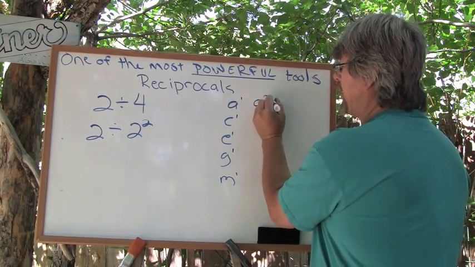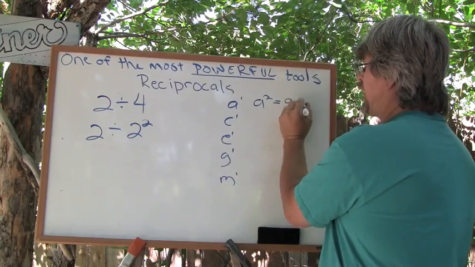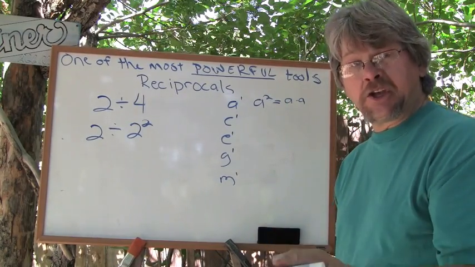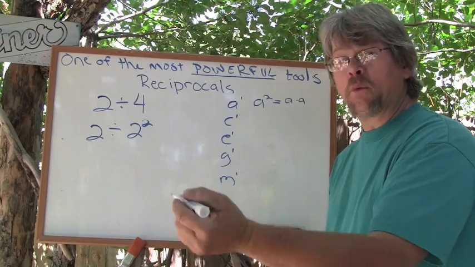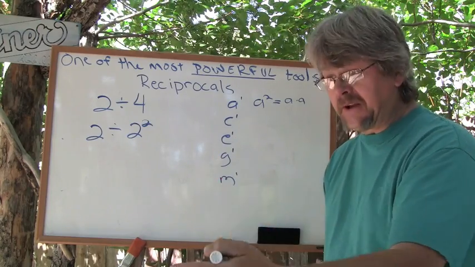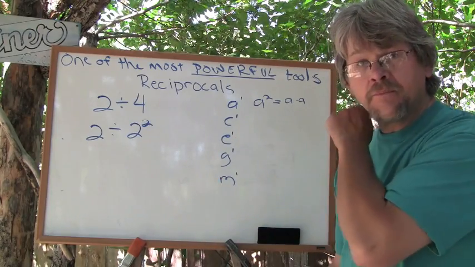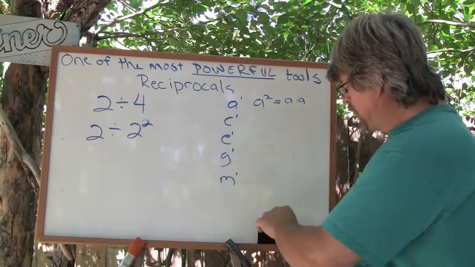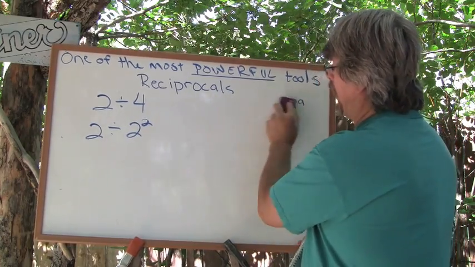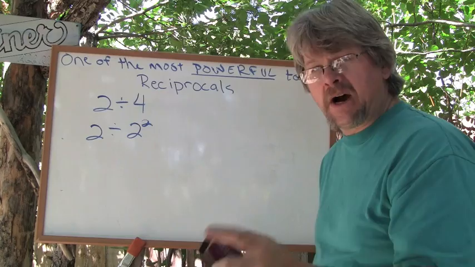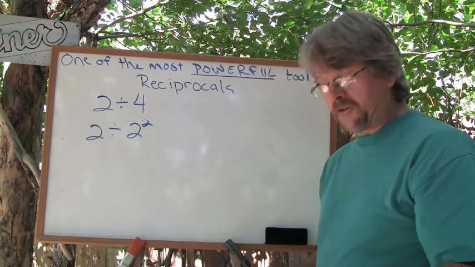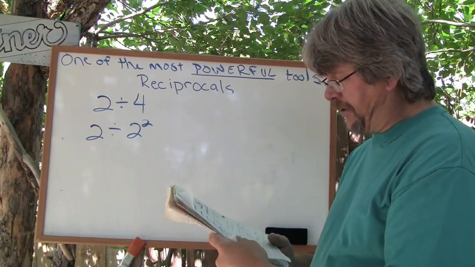A squared is going to equal A times A, right? A cubed is going to be A times A times A. Well, A to the 1 is simply itself, A. Okay? So every number has an exponent. This is something we'll want to keep in mind throughout algebra. And the reason why is very interesting.